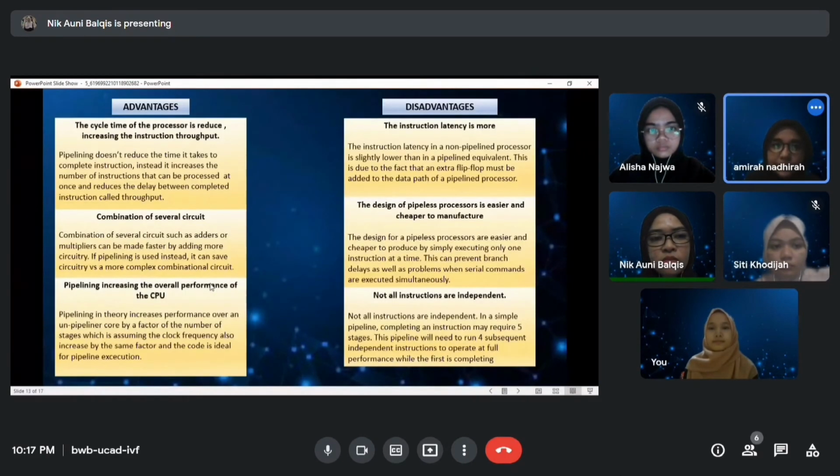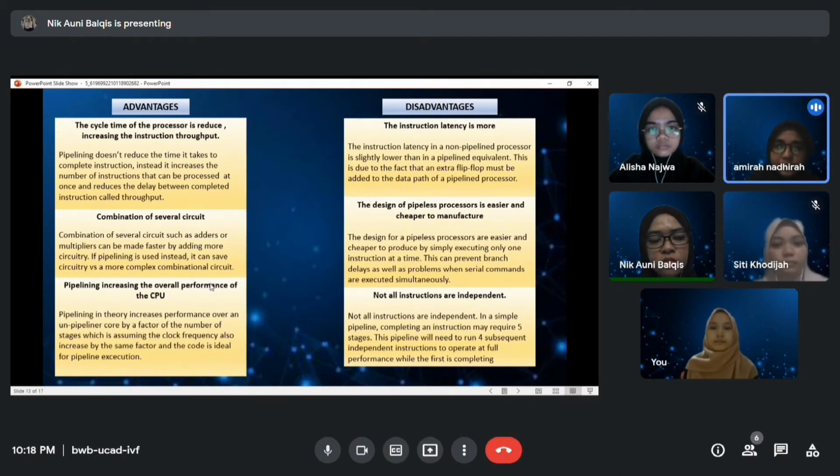There are 3 advantages. First, the cycle time of the processor is reduced. Pipelining does not reduce the time it takes to complete an instruction. Instead, it increases the number of instructions that can be processed at once and reduces the delay between completed instructions, called throughput.